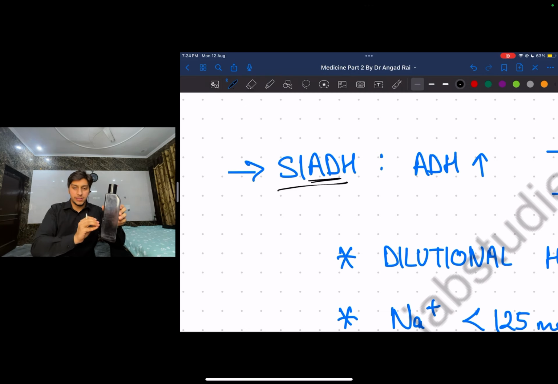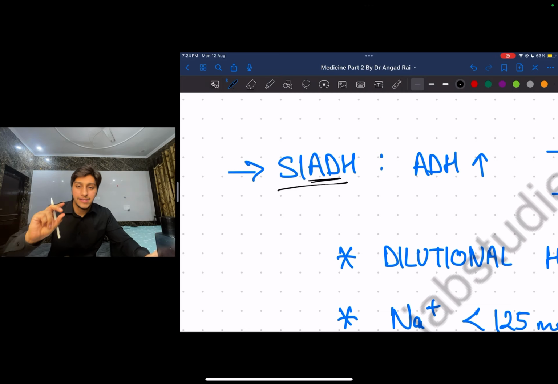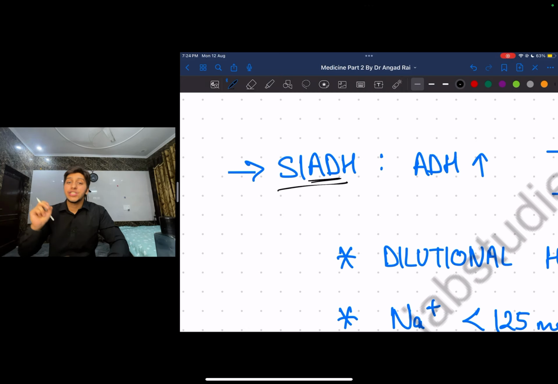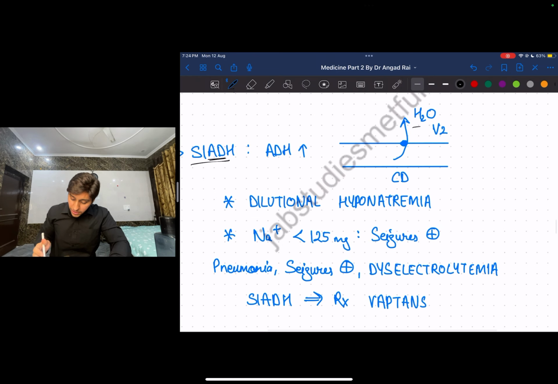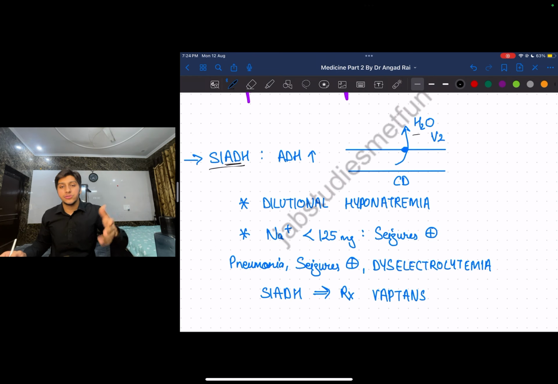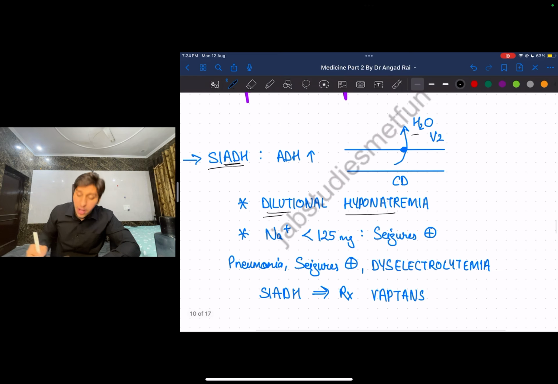If we add water, the solid particle content will basically be less. So that is why there is a condition in Legionella pneumonia known as dilutional hyponatremia. Dilutional hyponatremia means we are taking all the water in, but the sodium level has no change. It is always going down, but with respect to the content of water. So that is why you have dilutional hyponatremia.